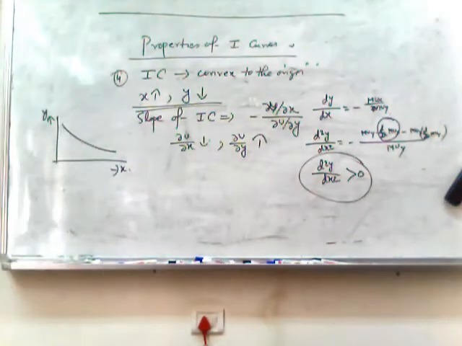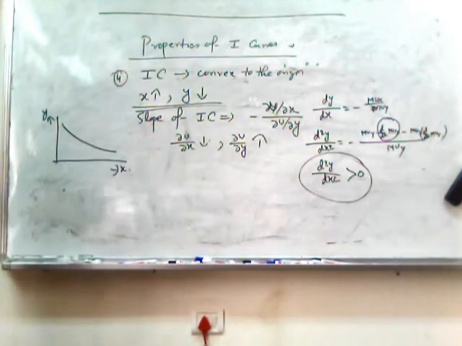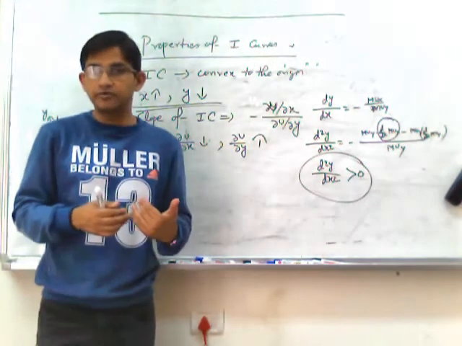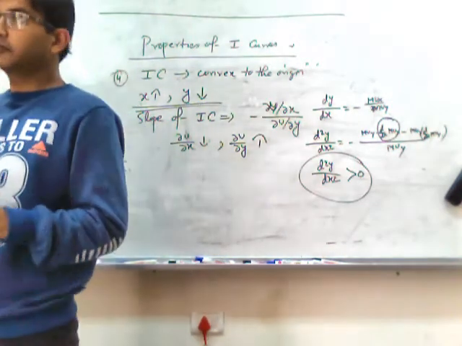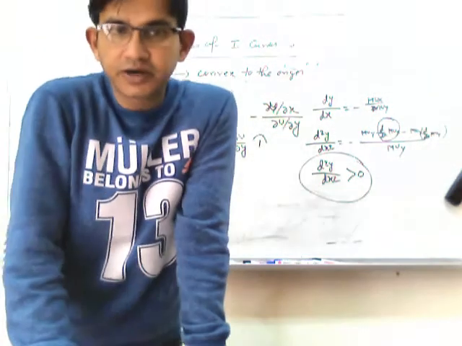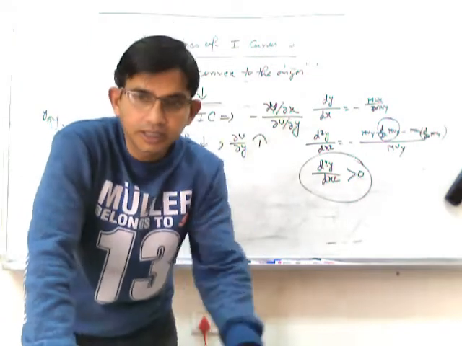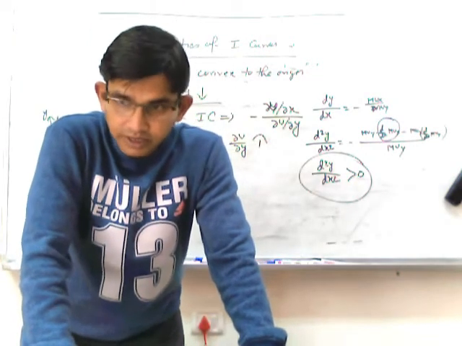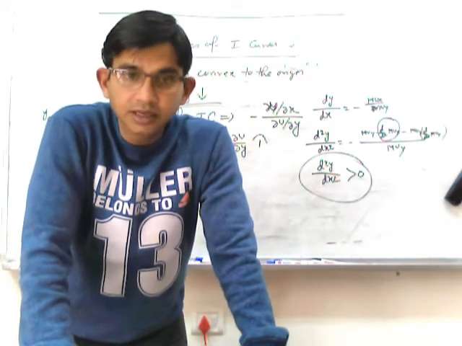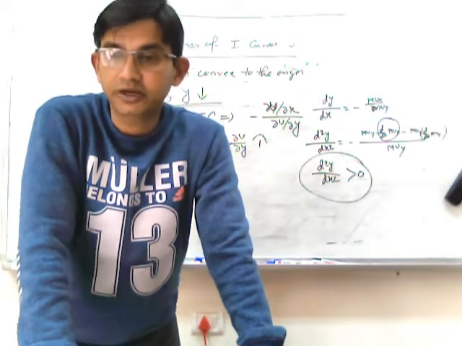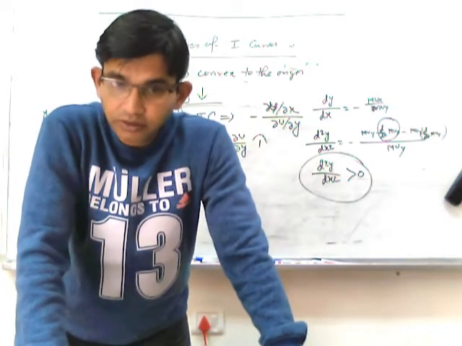So, these are the properties of indifference curves which are derived from the well-behaved utility function. But we have to remember one thing, that this type of indifference curve, which is convex to the origin, is derived from the utility function in which two commodities are close substitutes of each other, not perfect substitutes, but close substitutes.